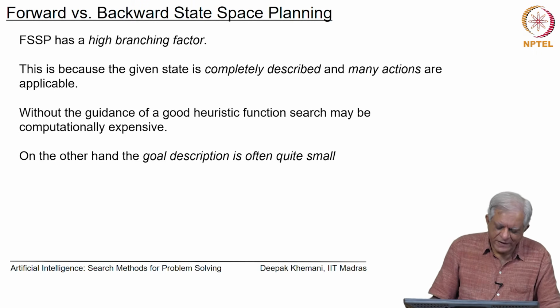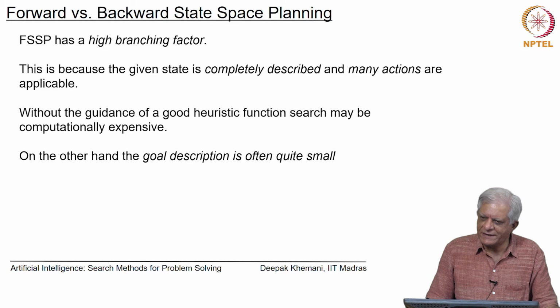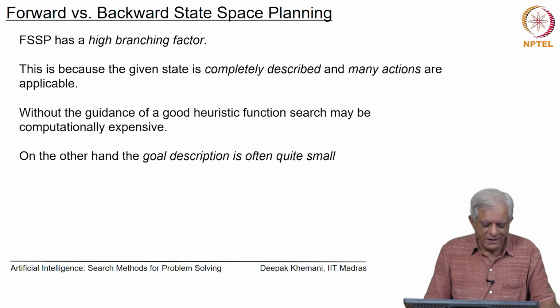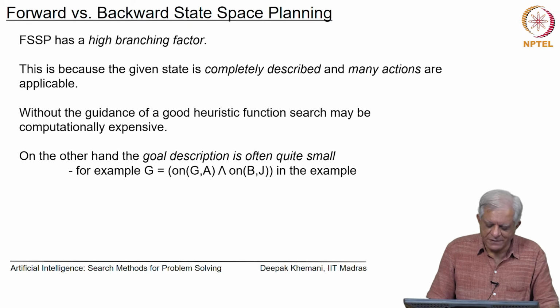On the other hand, as we have repeatedly said, the goal description is often quite small. You simply want to specify what you want to be true in the goal state, not the complete state which is the goal state. You only want to specify some things in the goal state, and that description can often be quite small. For example, in the example that we saw, there were only 2 things we were interested in.